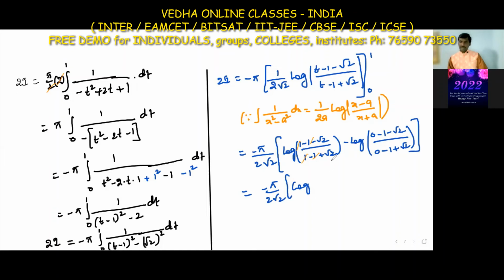What are we getting here? Minus root 2 divided by root 2, minus log of, taking minus common, 1 plus root 2 divided by minus 1 plus root 2.